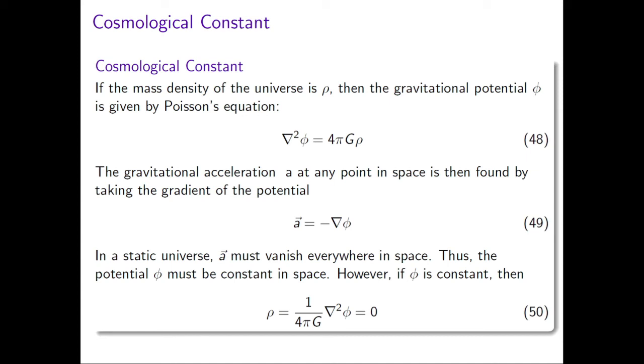In a static universe, acceleration obviously must vanish everywhere in space, since there is no net acceleration, right? Since the universe Einstein wanted was to be static, the gradient of the potential must be constant in space. However, if the gravitational potential gradient is constant, then the above relation becomes rho is equal to 1 by 4 pi G times Laplace square phi, which should be equal to 0.